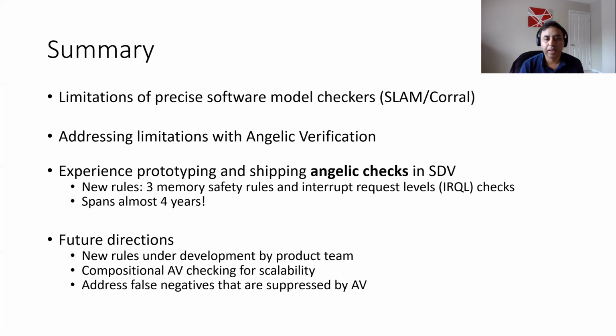We still have a long way to go about scalability. AV is not scalable, it's not compositional, it reanalyzes methods that have already been analyzed. And there are false negatives that are suppressed by AV that we would like to address as well.